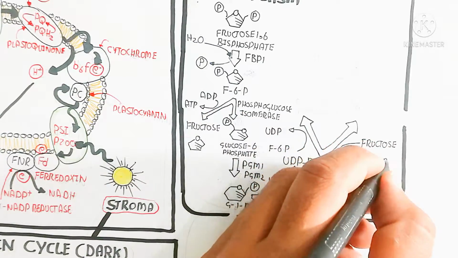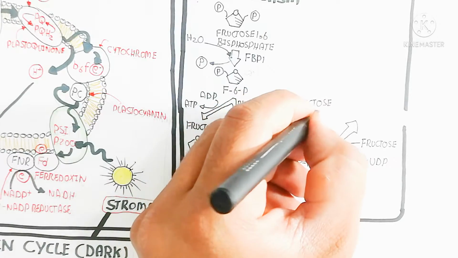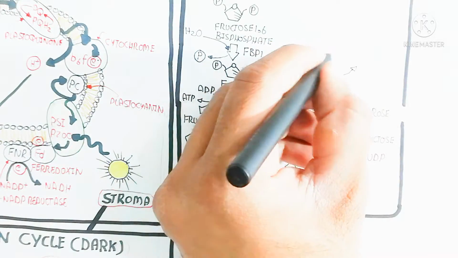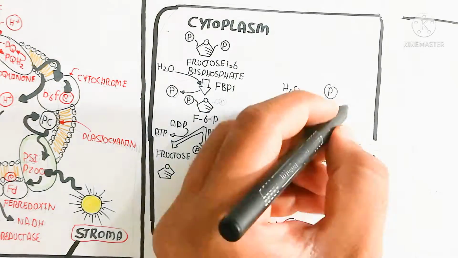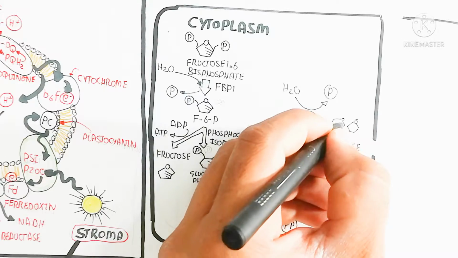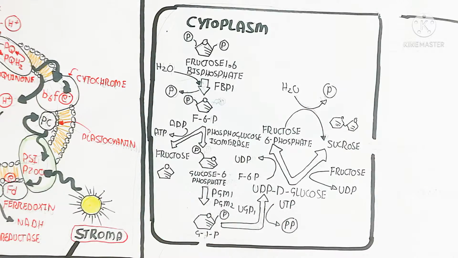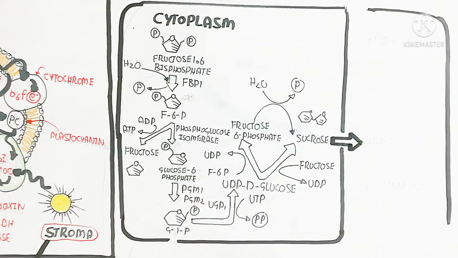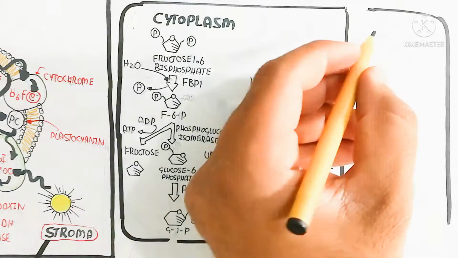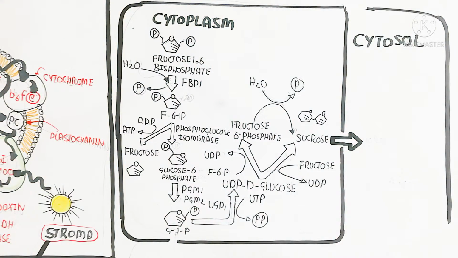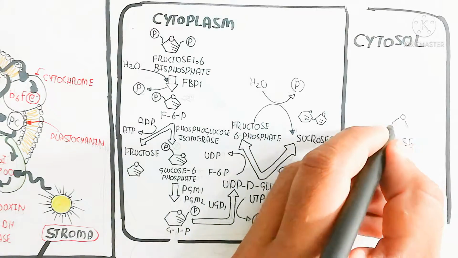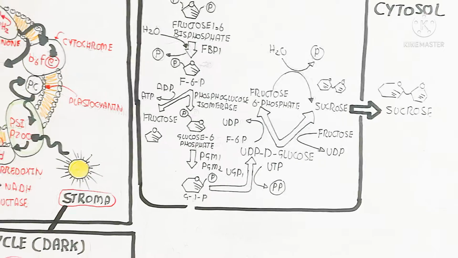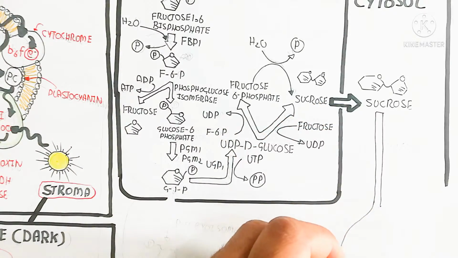So the important thing is that the glucose 1 phosphate will lead to UGP1, and UTP will separate the pyrophosphate, and in this way combining to form UDP-D-glucose, and in this way the fructose is used for separating the UDP, and here fructose 6 phosphate will be formed and sucrose formed through hydrolysis will remove the phosphate group to combine into sucrose, and in this way the sucrose will enter into the cytosol.